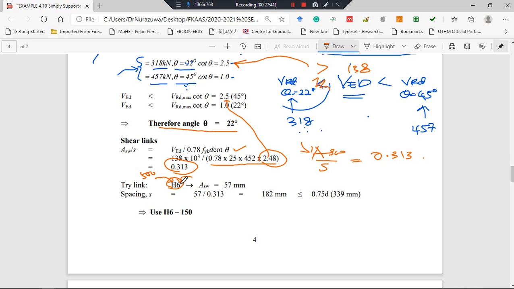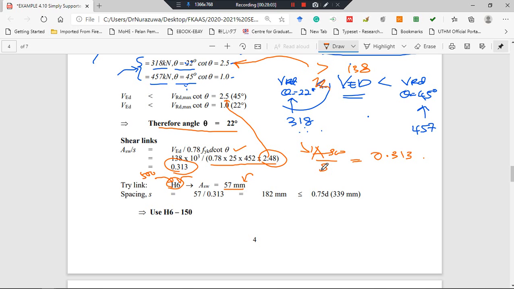The 6 here is the earlier proposed diameter for the shear link, and based on the shear reinforcement area, we propose the area for the shear reinforcement is 57. You can refer later in the table.